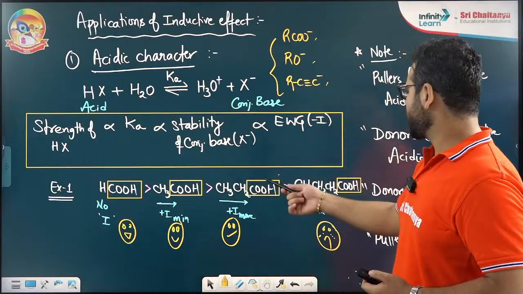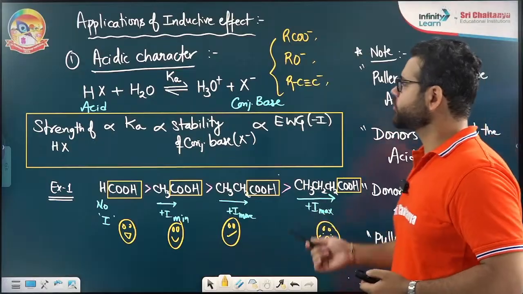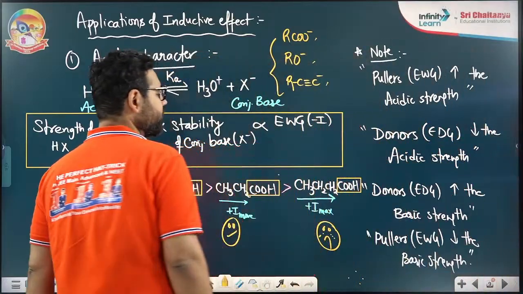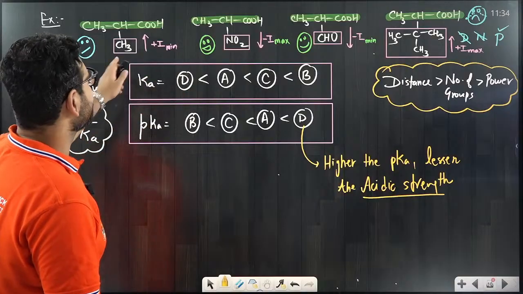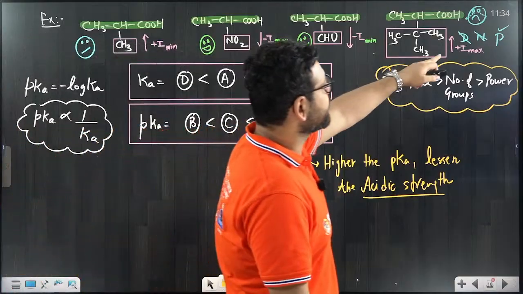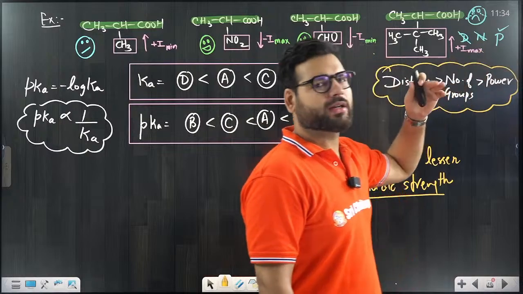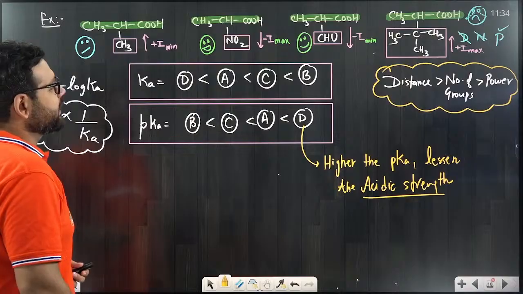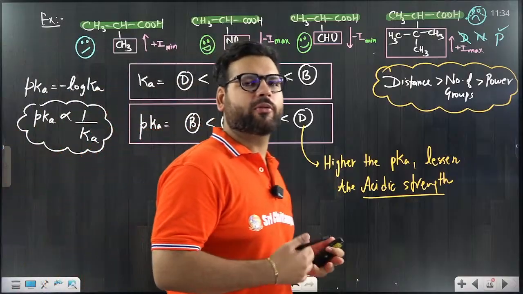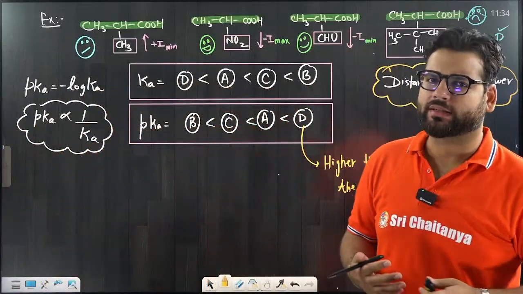So acidic character, I already told you in the application how to check the acidic character of carboxylic acids. When groups are present at the same distance, you don't have to look at the distance, you don't have to look at the number, you have to look at the power. So the more powerful group makes the acidic character better if more powerful minus I is there. That is what we studied in the last class.